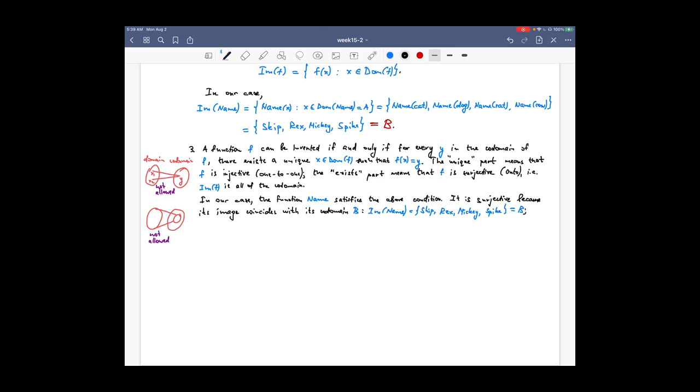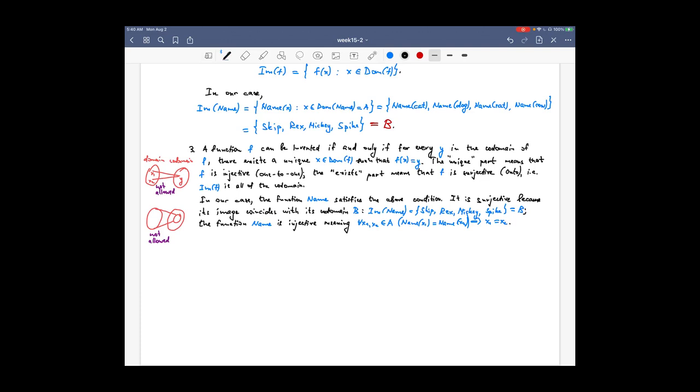And likewise, the function name is injective. And clearly, that simply means that for every x1 and x2 in the set A, name of x1 being equal to name of x2 implies x1 equals x2.